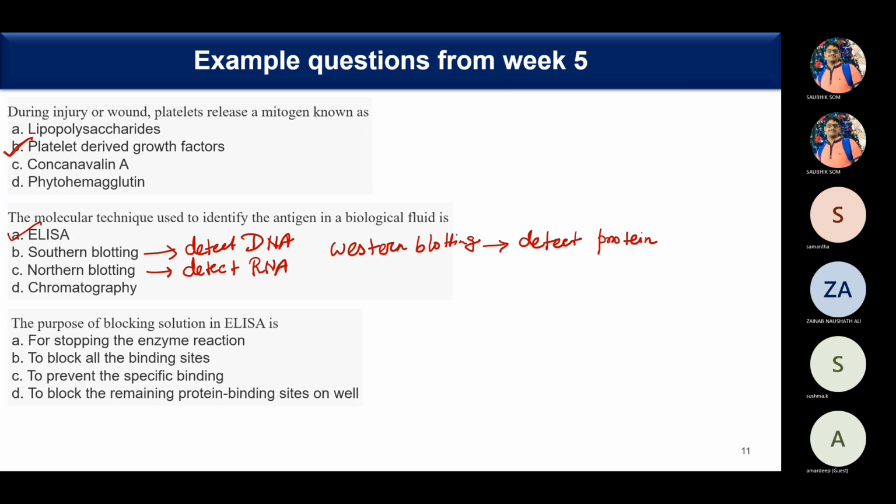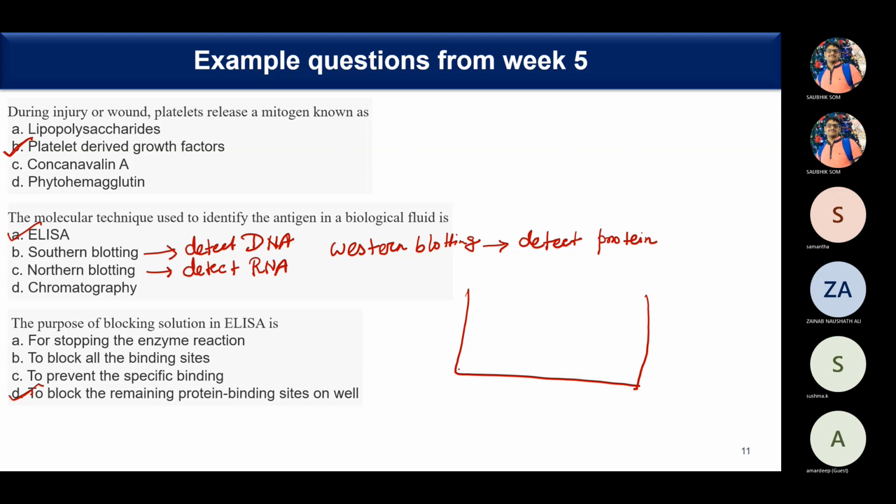The purpose of blocking solution in ELISA is: to stop the enzyme reaction, to block all binding sites, to prevent the specific binding, or to block the remaining protein binding sites on the well. Okay. So the blocking buffer is of course to block the remaining binding sites of the well. So what happens if you consider any kind of blocking solution?